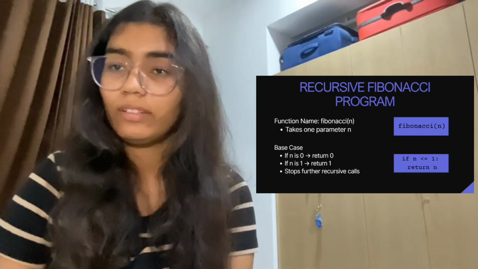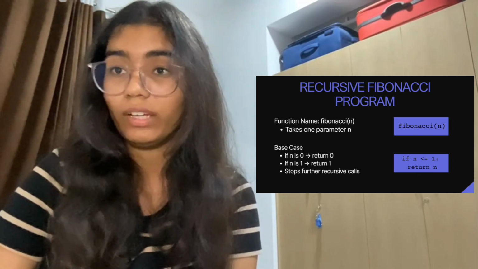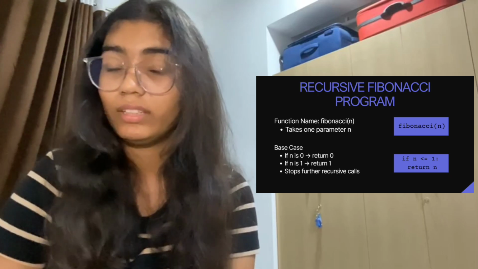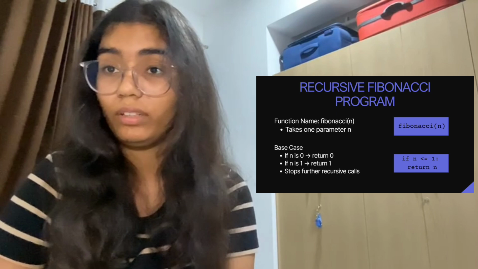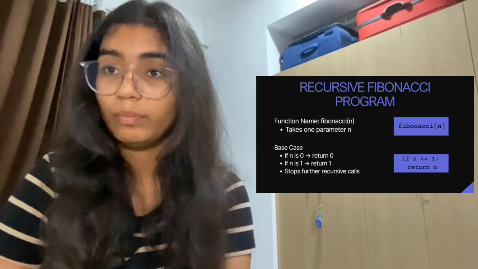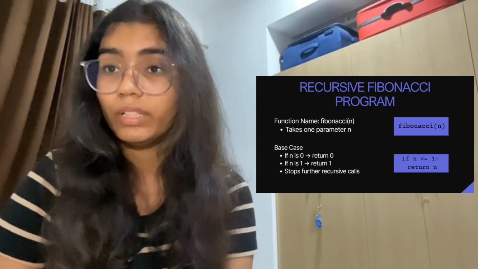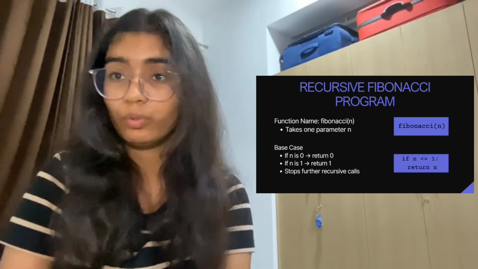First of all, we'll define a function, and suppose we are naming it fibonacci, and we'll give it a parameter called n. After doing that, in the function itself we'll add an if-else statement. Now in the if statement, first of all we'll write the base case. In the base case we'll return the value 0: if the input is 0, then the value returned is 0, and the same goes for 1.